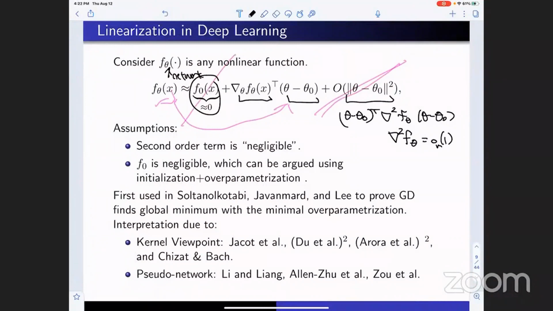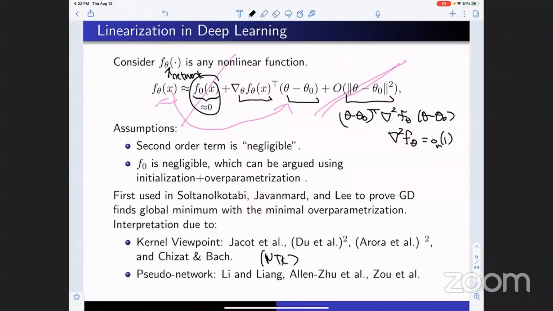So this technique was first used in one of my earlier works with Soheil Oymak, Mahdi Soltanolkotabi, and Jason Lee to prove that gradient descent can find a global minimum with minimal overparameterization. Later on, it was reinterpreted as this kernel viewpoint by Jacot and Du et al., Arora, Zhang, and Bach, called the NTK.